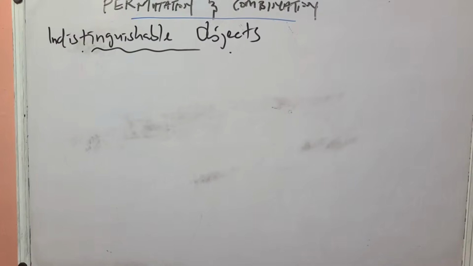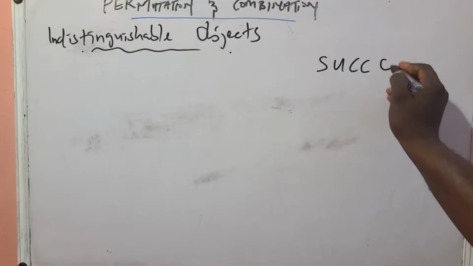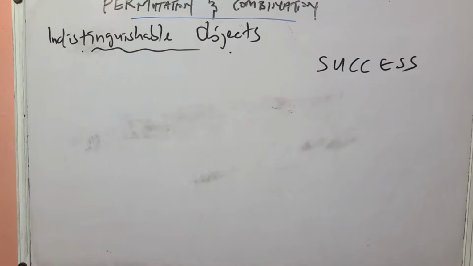Let me give you some examples. For instance, look at this word. You can see what is right there: Success. Now, if we are to permutate, of course, don't forget what I said was the other word for permutation. Can anybody in the comment section give me another name for permutation that I explained yesterday?